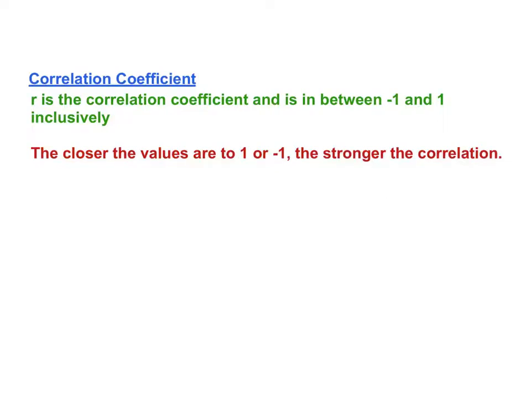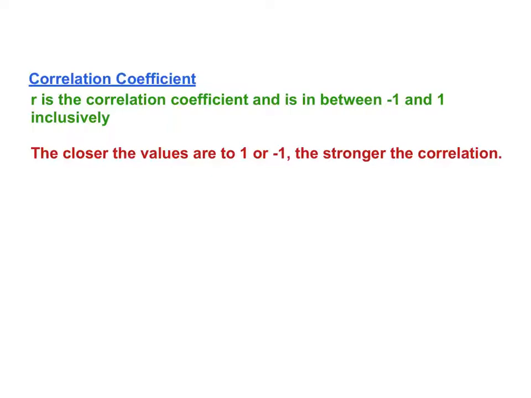Now, here's where the correlation coefficient tells us about strength. The closer that R value is to -1 or 1, the stronger the correlation between the x and y. So if you had an R that actually equals 1, that correlation between x and y is very, very strong in a positive way. So if R was 1, it's going to have the strongest positive correlation, the strongest positive relationship that could exist.